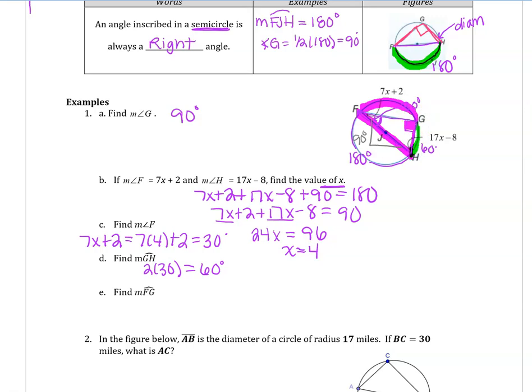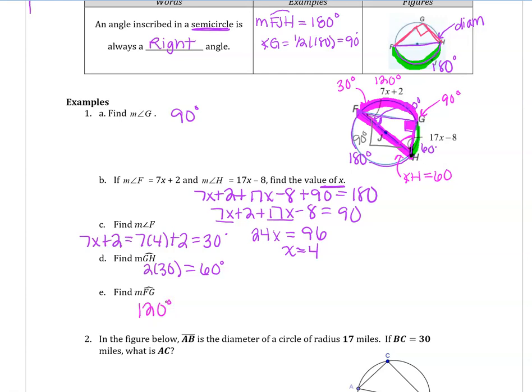Here's what I know: the angle at G is 90 degrees, and the angle at F is 30 degrees. Which means the remaining angle H must be 60 degrees, because then it would be 30, 60, 90, which sums to 180 degrees. Now if this is 60, and you double 60, that gives you 120 degrees.